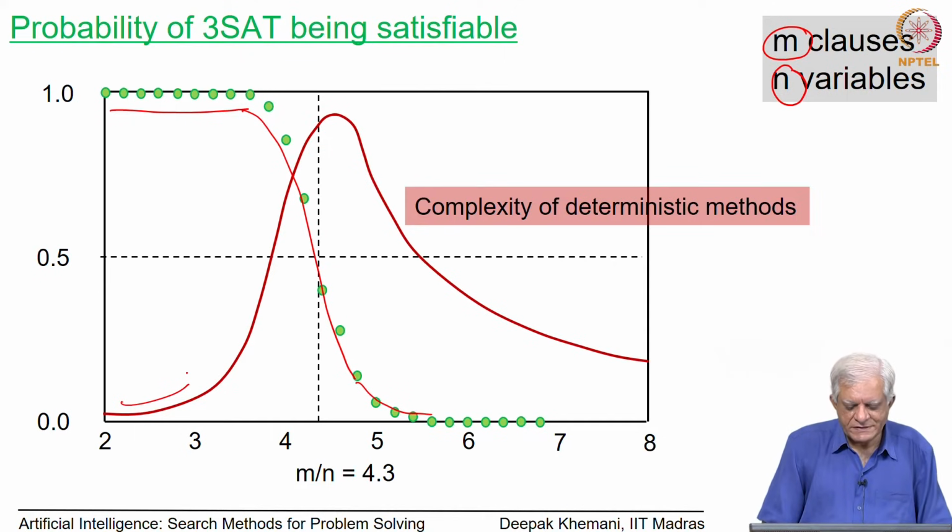So, this is how SAT complexity varies, and if you are solving SAT problems with hundreds of variables, then deterministic methods may not always be suitable essentially, and in fact, almost everyone uses randomized approaches to SAT.